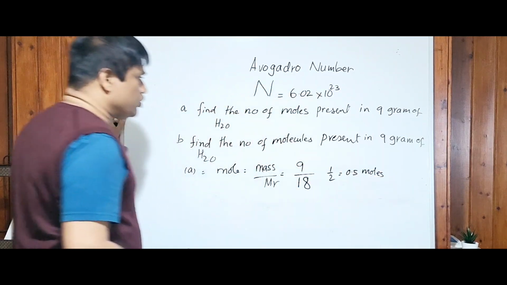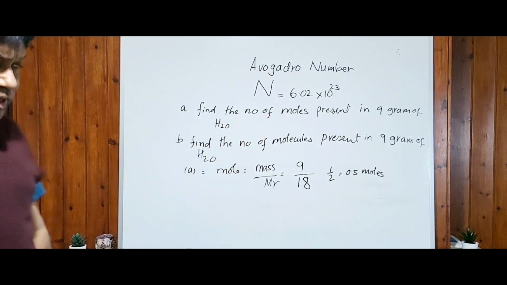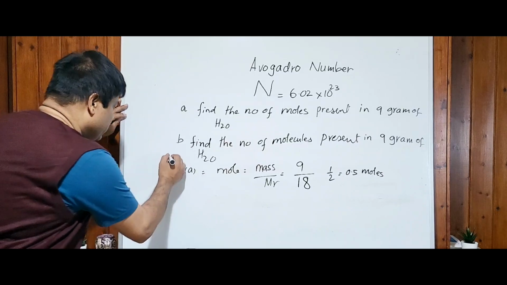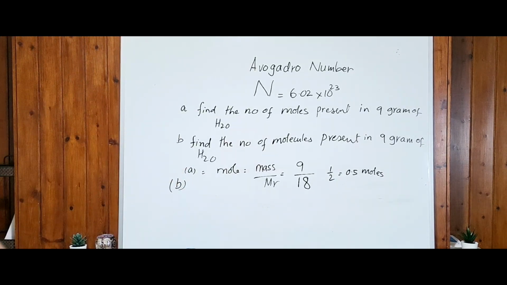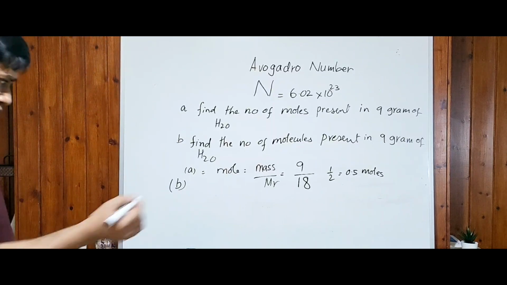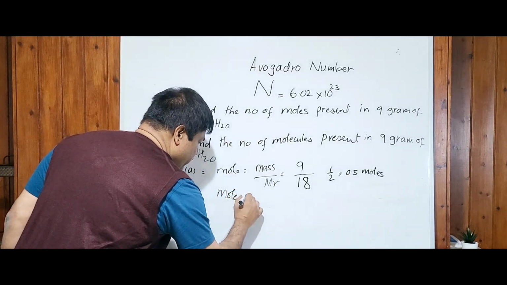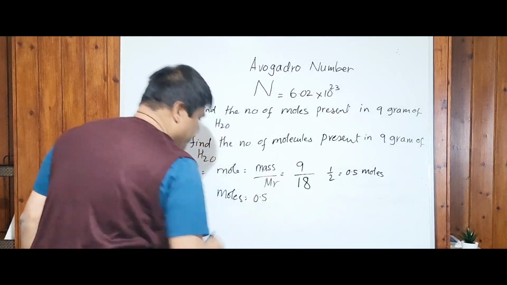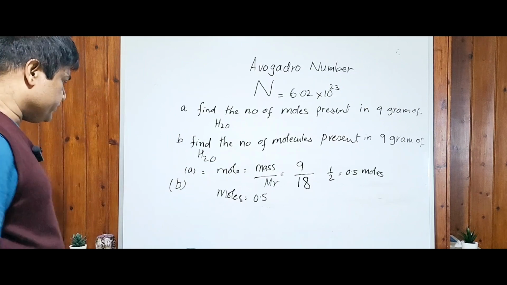How can we work out the number of molecules present in 9 gram? So we are doing B. Step 1, figure out the mole. For question number B, just now we have done the moles. Moles equals 0.5. Now how to work out the molecules?